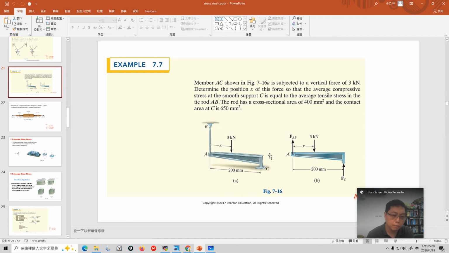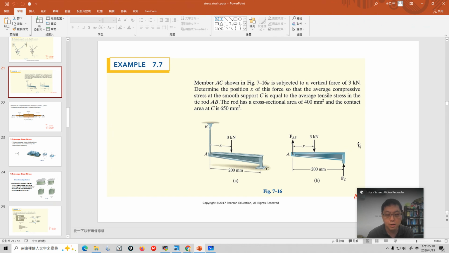The picture here shows the right force direction: FAB is pointing up, and FC is also pointing up. But what if I initially assume the wrong direction? Could I still get the correct answer? The answer is yes. Even if you initially assume the wrong direction, you still get the right answer.